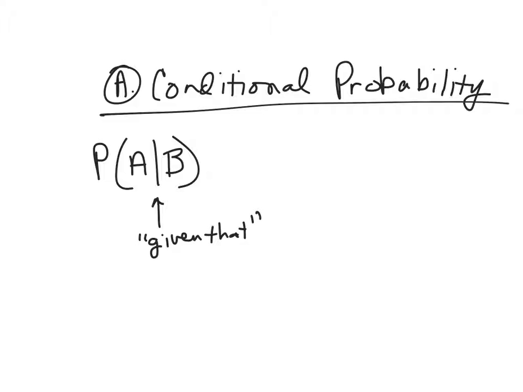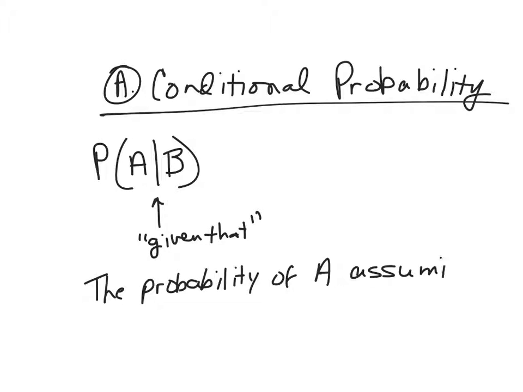We look for the probability of the first, assuming the second thing has occurred. So again, this would be the probability of event A, assuming that event B has taken place or has occurred.